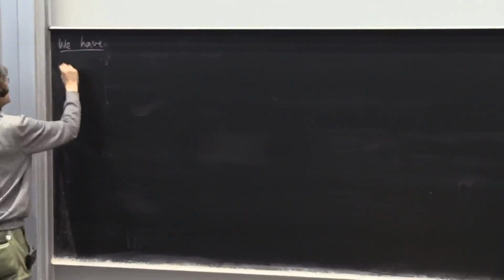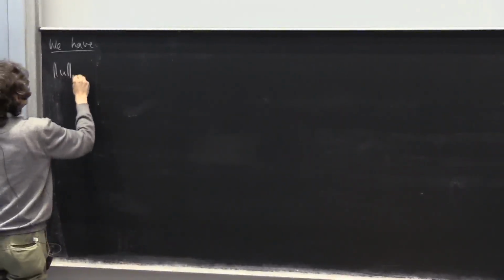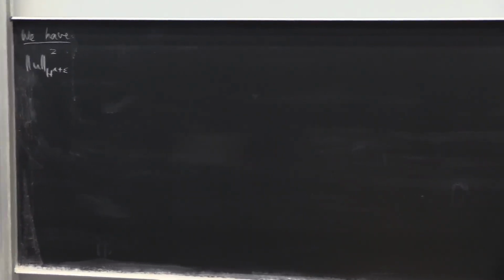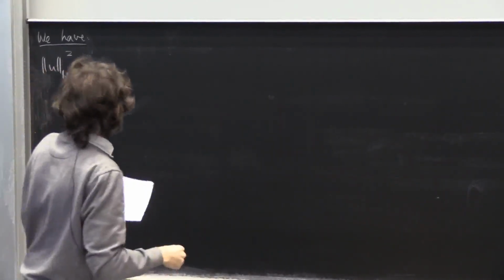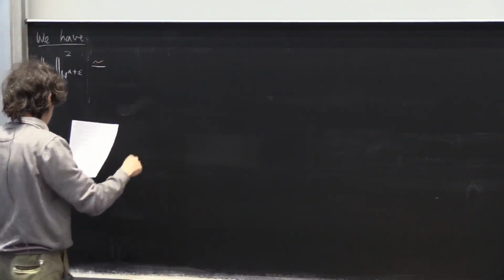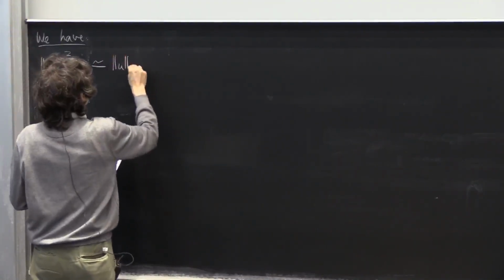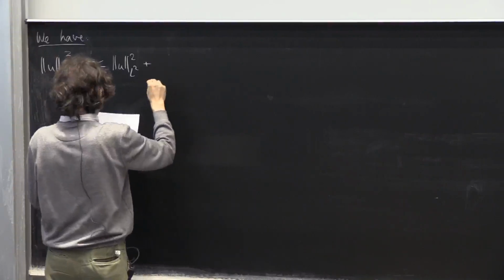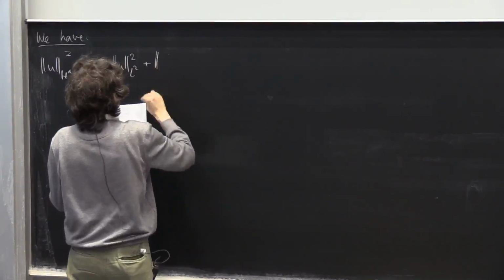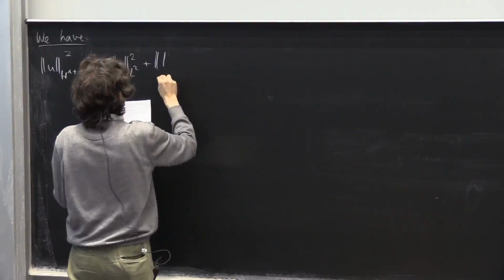Okay. I start with the H1 plus epsilon norm, and I write a squared to avoid writing all these square roots. This is equivalent to the norm of U in L2 squared plus the derivative part.